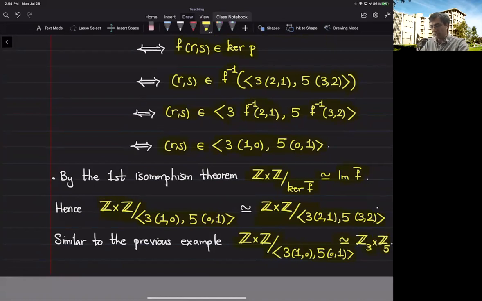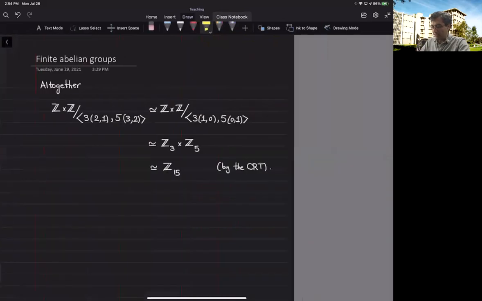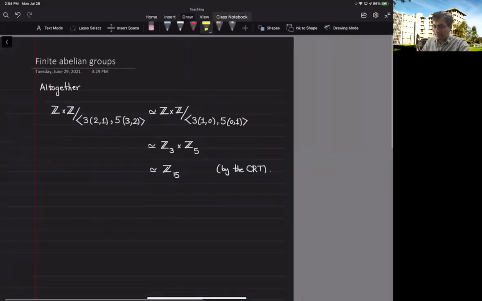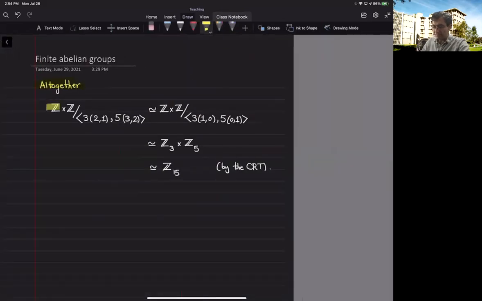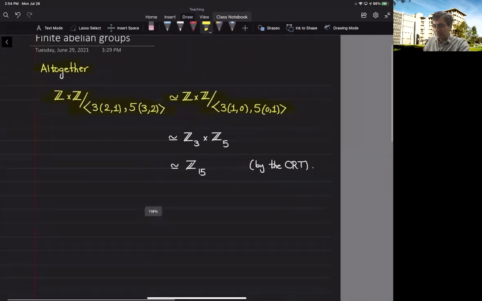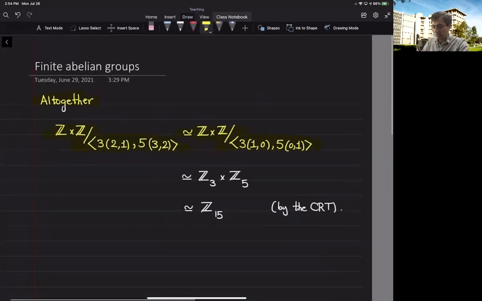And now I can use the Chinese remainder theorem and find the standard form of this factor group and deduce that this is isomorphic to this one, and this one is isomorphic to Z sub 3 cross Z sub 5. This step is similar to the previous example.